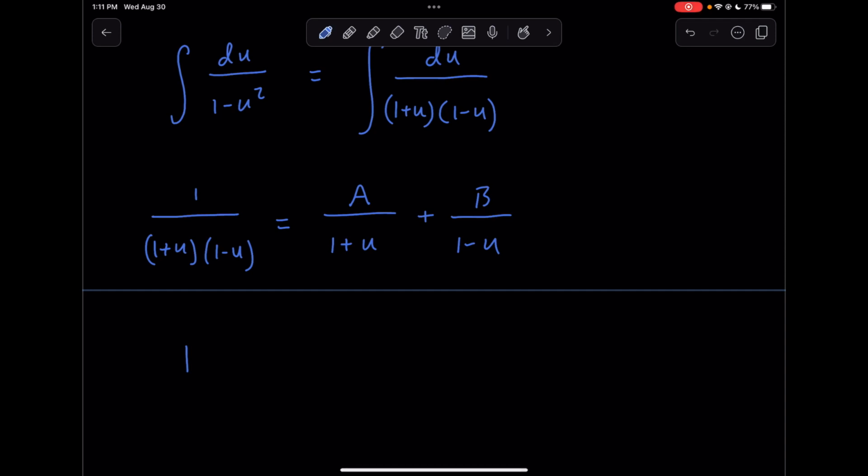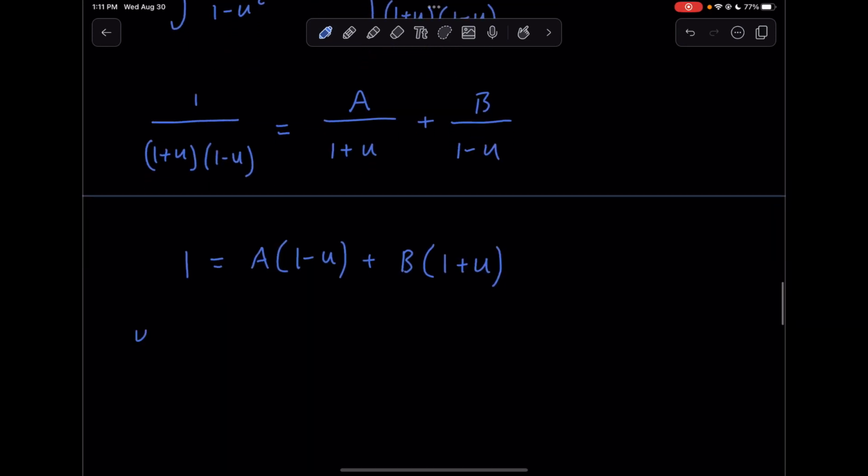So now we're going to multiply everything by this term here. So we get a times (1 minus u) plus b times (1 plus u). And we can set u equal to 1 to solve for b. So that's 1 equals, this becomes 0 plus 2b.